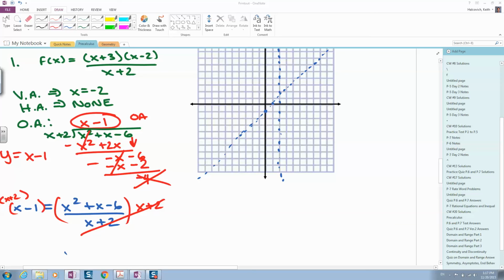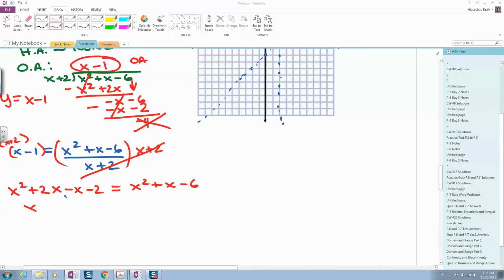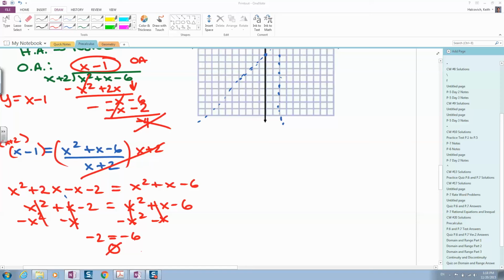So then when we FOIL here, we have x squared plus 2x minus x minus 2 equals x squared plus x minus 6. Combine like terms. And notice when we subtract, these go away. So you're left with -2 equals -6. That is no solution, meaning the oblique asymptote is never crossed.